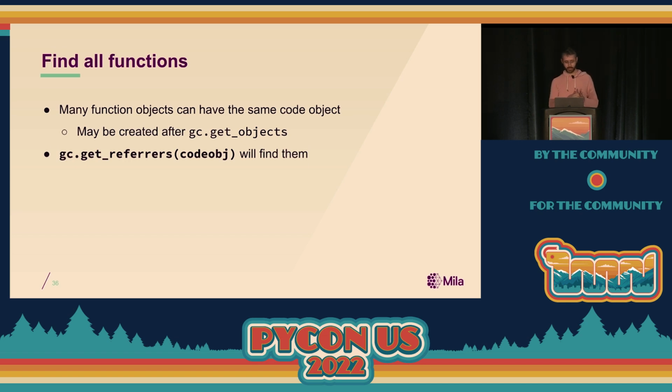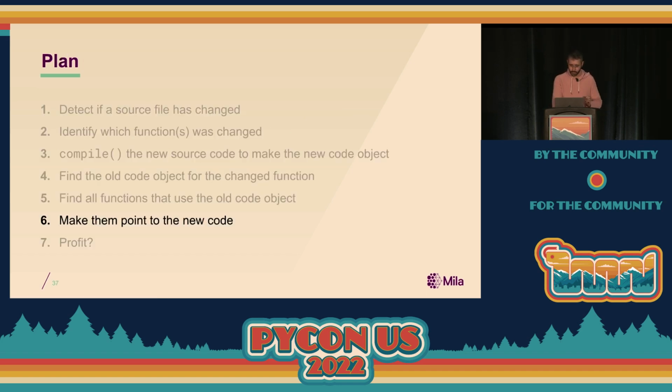Again, this operation is proportional to the number of objects in the heap, as I've found out. But hot patching is not an operation that happens often, and frankly, it needs to be really big before it is noticeable. Now that we have everything, we can finally swap out the pointers, and then we profit.